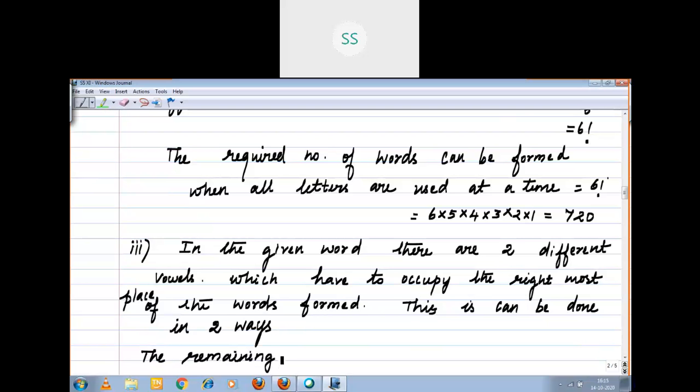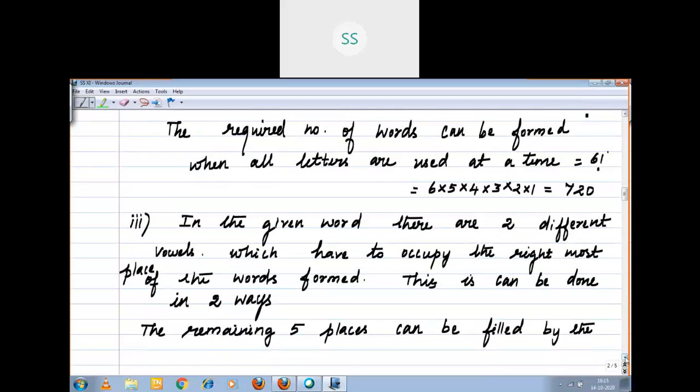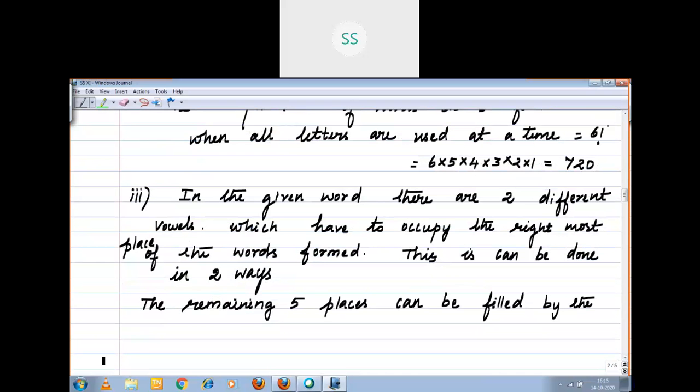The remaining 5 places. For example, O is occupied in the first place, means the remaining 5 places can be filled by the remaining 5 letters.